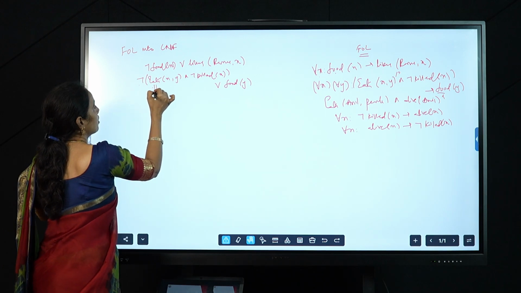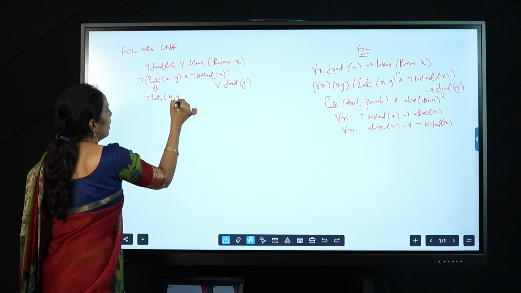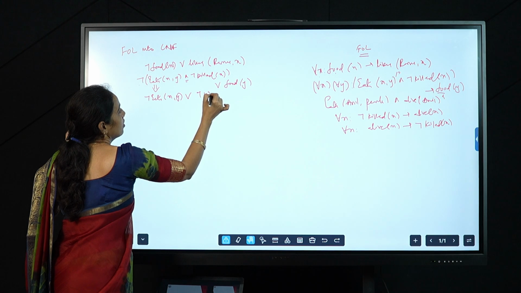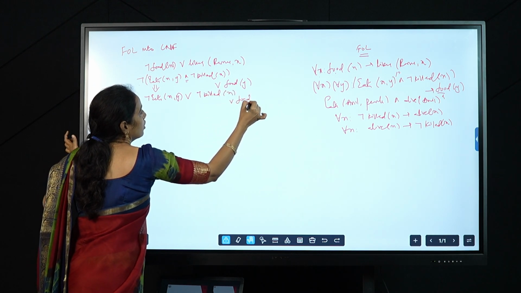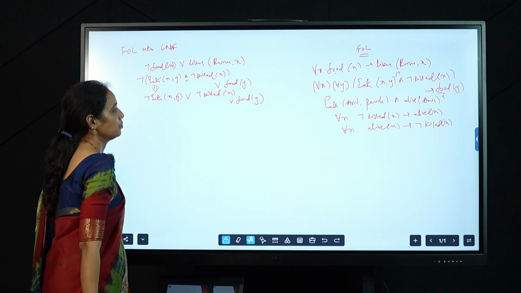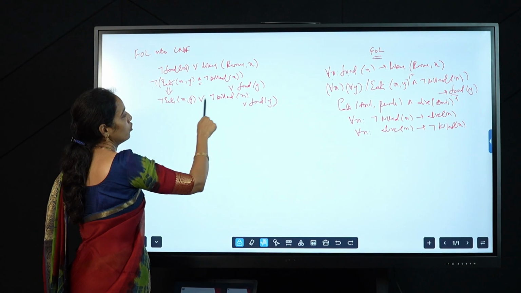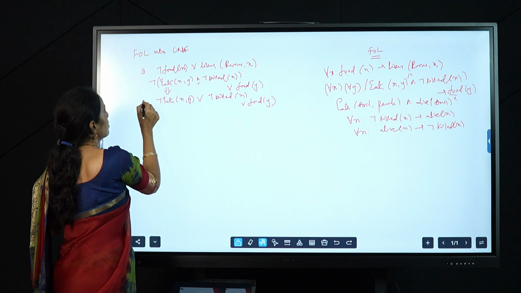Now this particular term will become negation eats x comma y, and will become or negation killed x or food comma y. Okay. So after following the rules we can convert this FOL into CNF. So this is the first CNF and this is the second one.